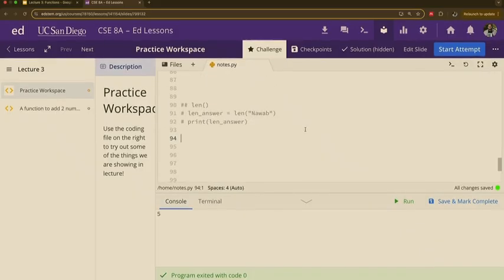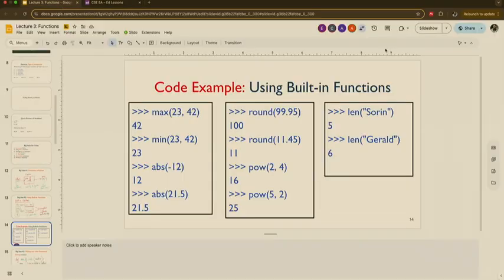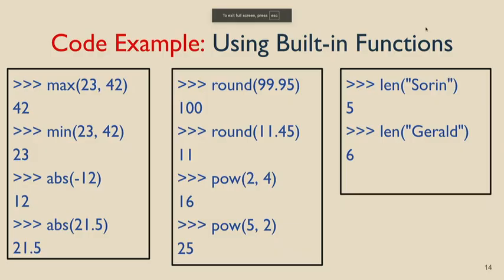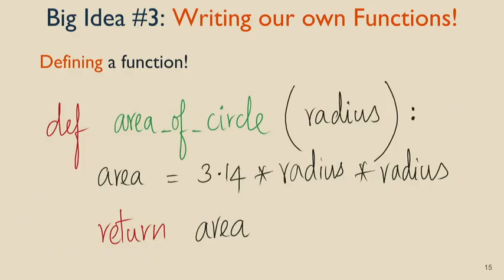Okay, cool. So those are some built-in functions. Functions that Python already knows and understands. These are functions that Python already has all this pre-written code. How does it find the minimum between two numbers? We don't have to know that. Python already knows that using this function. So we can also write our own functions.